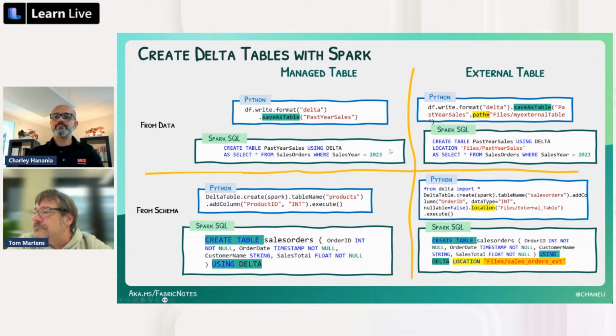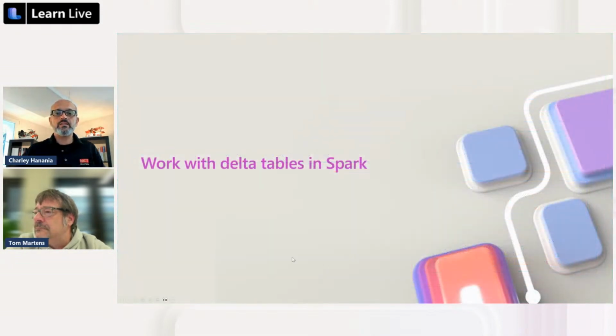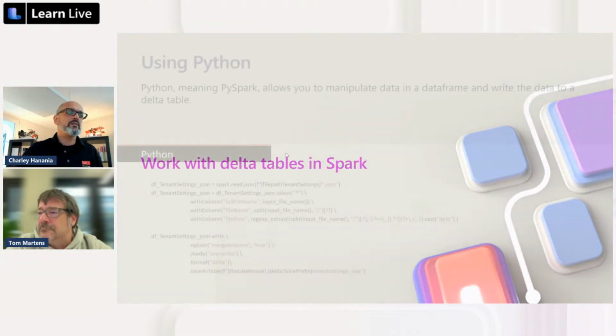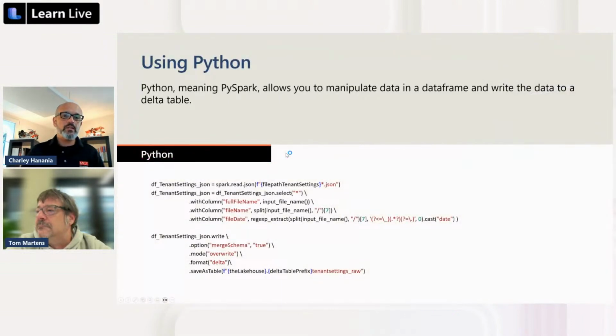Sure. So that's the next section, which is actually working with these tables in Spark using code. And I think Tom's going to talk us through some of these code segments and also within the demonstration of the exercise as well. So what we are seeing here is Python.